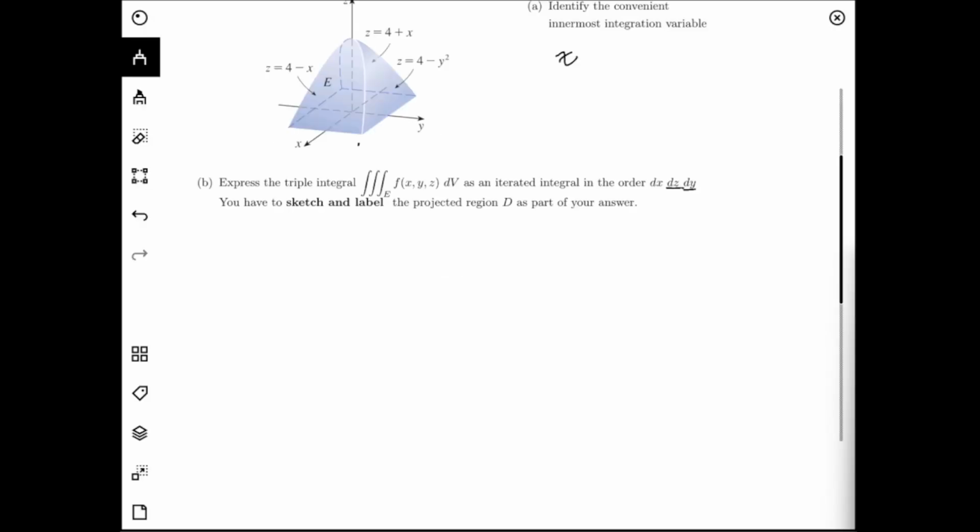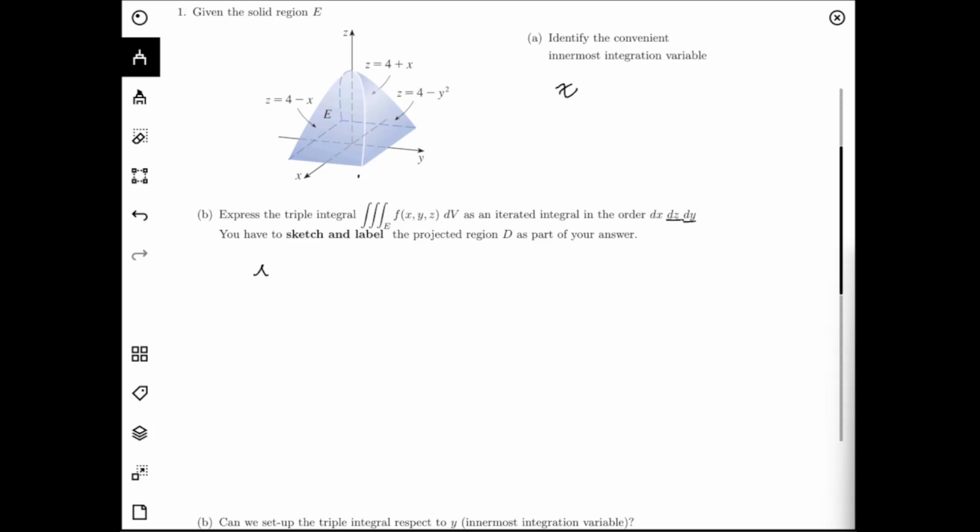So let's go ahead and try our plot for the projection to start with. So let's sketch it, looking at the y-z plane, and we're looking at it from this direction. So what is it going to look like?